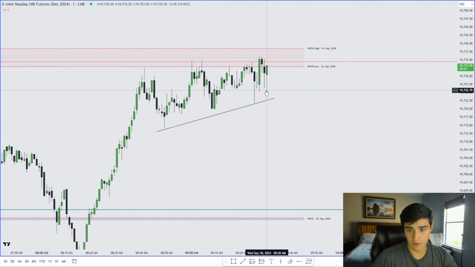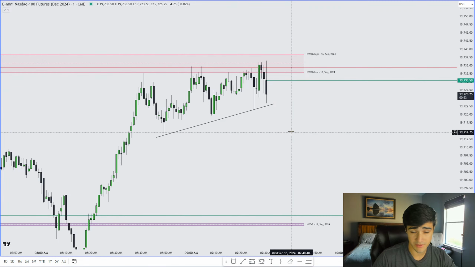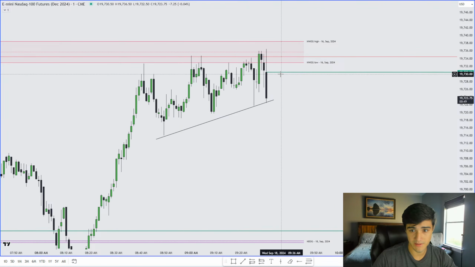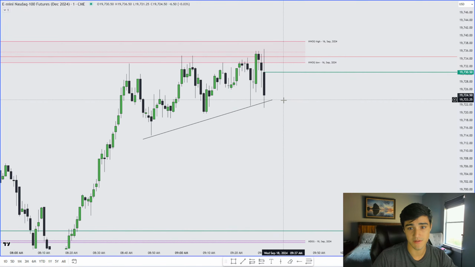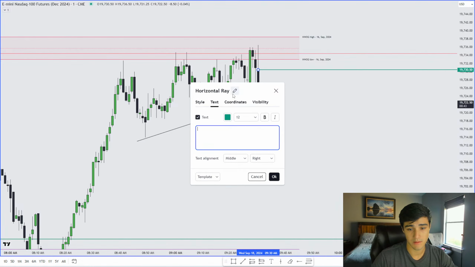So for the first half hour, if we have a premium gap opening, there is a 70% likelihood that price is going to trade down to consequent encroachment of the opening range gap. So that is literally your bias in the first 30 minutes of market open. So here we have the 9:30 open.